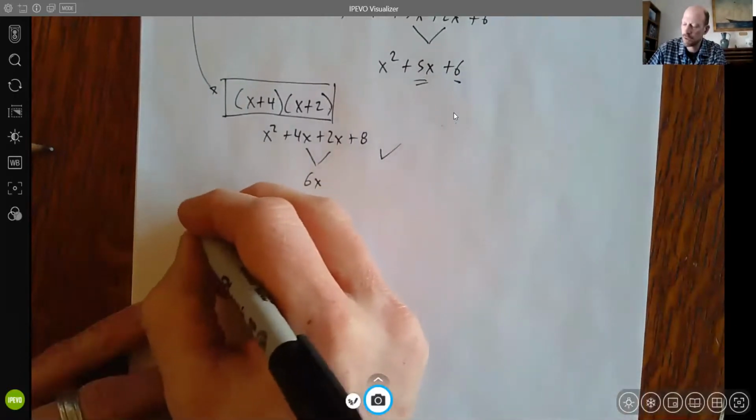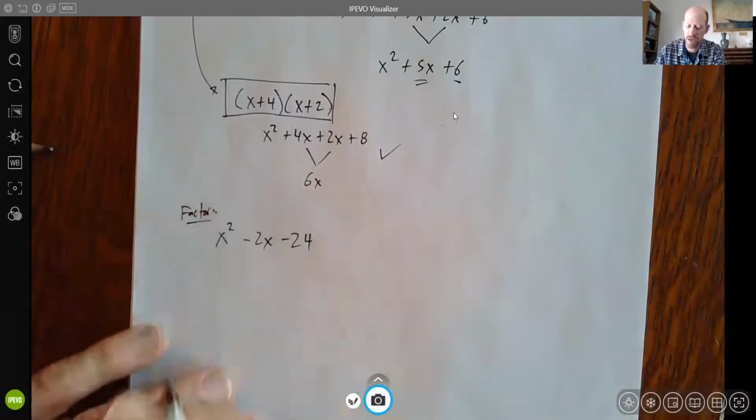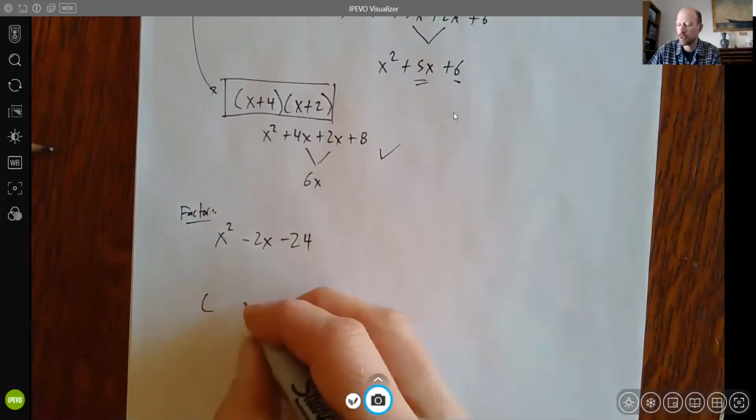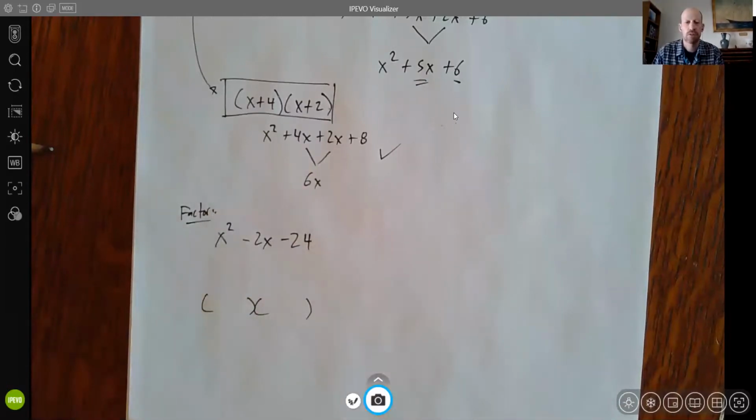With all of these, our goal or challenge will be to factor. First things first, it's a trinomial, 3 terms. So we know we're looking for the right parts that are going to FOIL together to give me this x squared minus 2x minus 24.